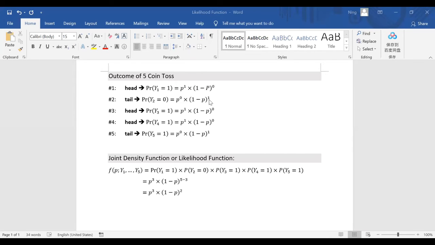In the end, the likelihood function of these 5 events is given by the joint density function, which is obtained by multiplying the individual probability of the 5 events together. Since there are 3 heads and 2 tails, the likelihood function is given by p to the power of 3, representing the 3 heads, times 1 minus p to the power of 2, representing the 2 tails.